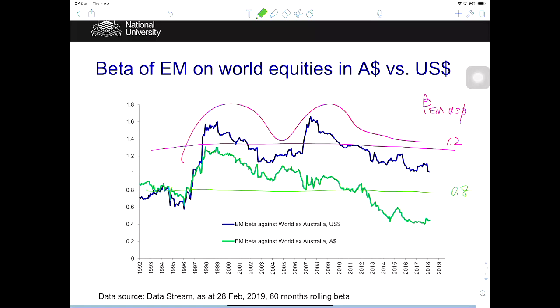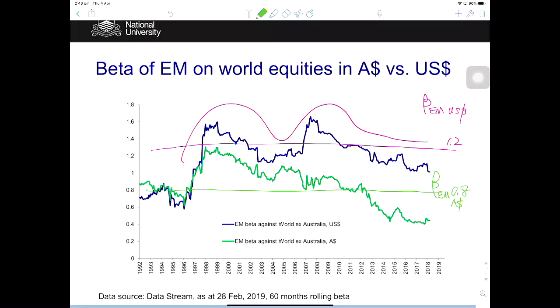When I run the same analysis, the beta of emerging markets in AUD is 0.8, but my market beta is 1 in AUD. So it means that investing in emerging markets for Australian investors who settle their investment in AUD, they have an investment with a beta which is less than 1.